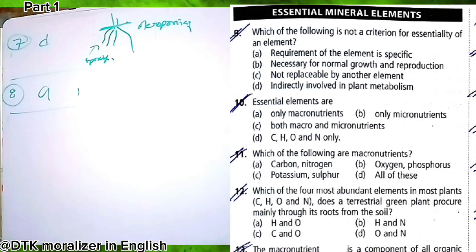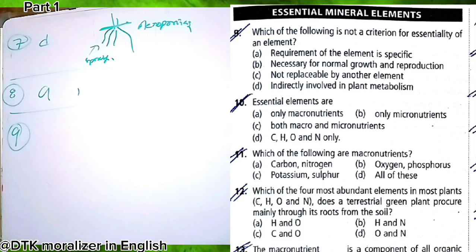Now question number 9. Which of the following is not a criterion for essentiality of an element? Requirement of an element is specific, yes. Necessary for normal growth and reproduction, yes. Not replaceable by another element, yes.